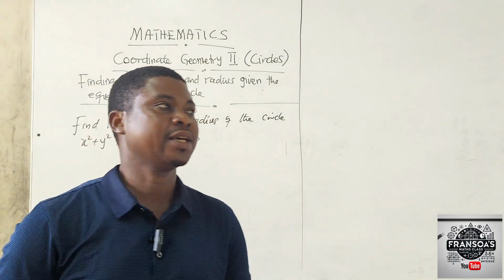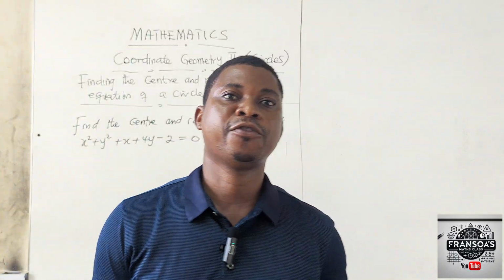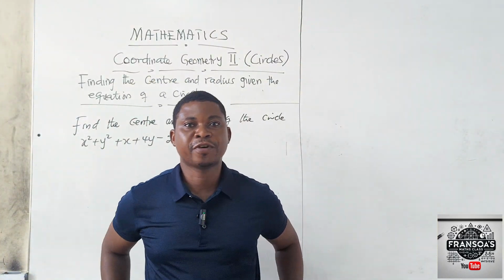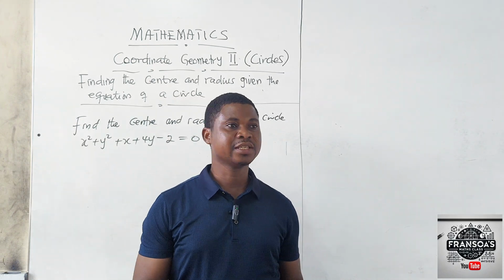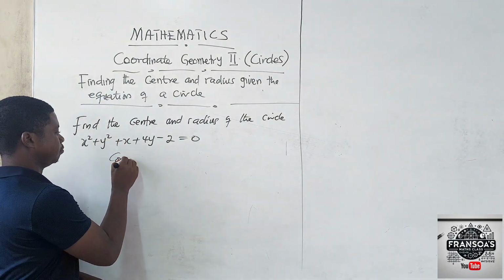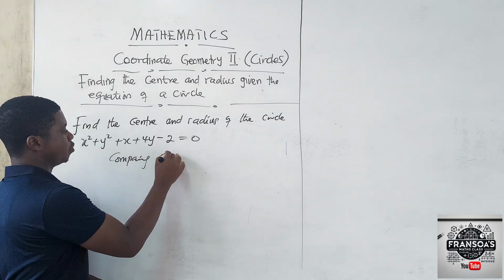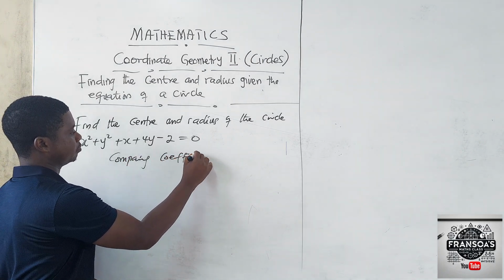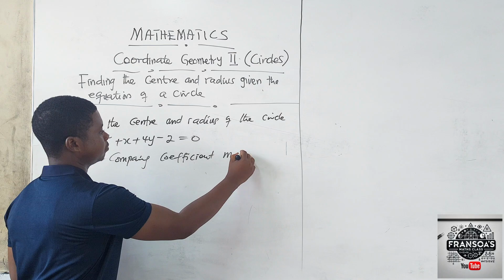So this is our equation of the circle, and we are supposed to find the center and the radius. As I said, I'm going to use the comparing coefficient method.